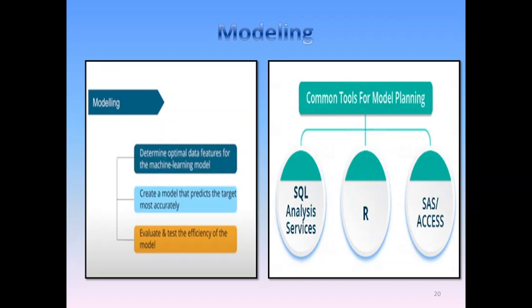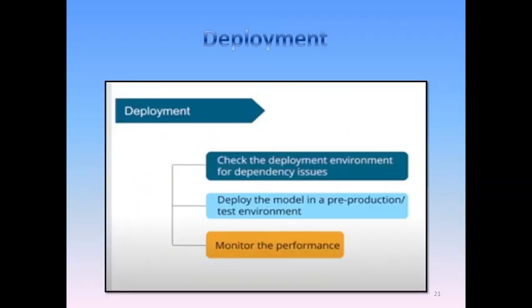After that, we implement that model on the training data set, and then we use the test data to evaluate the test and efficiency of that model on different data sets. Common tools for model planning are SQL Analysis Services, R and SSIS, which we use in the modeling phase.